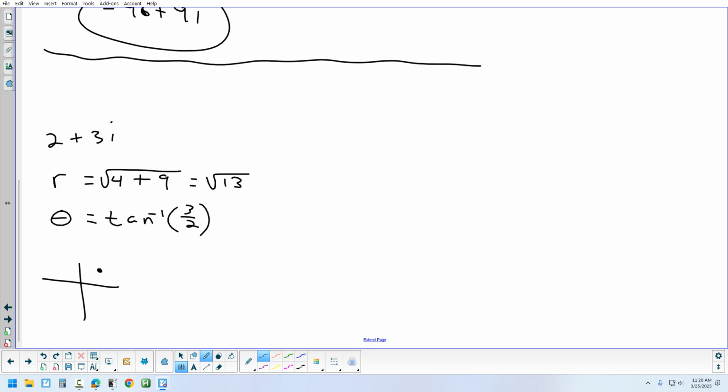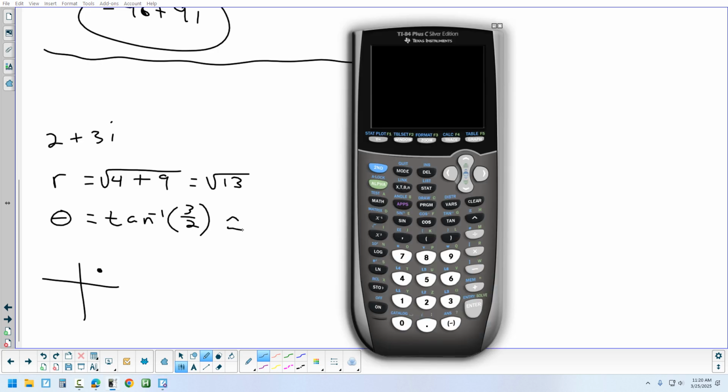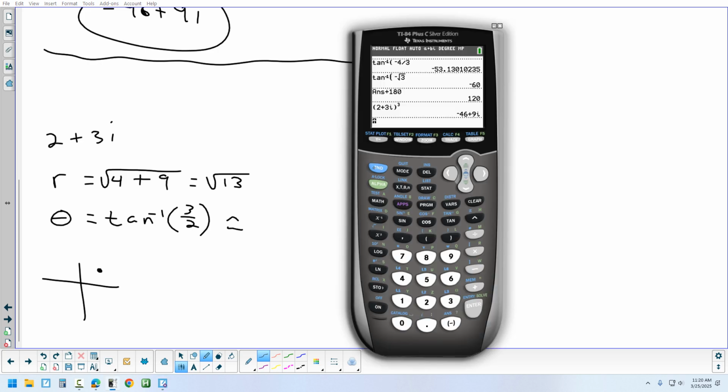Instead of negative 46, it might be like negative 46.0001. But if it comes out that close, then we know the method I'm showing you now works. Okay. So inverse tangent of 3 over 2. So that's an angle of 56, well, I guess we'll go to 2 decimal places because to the 3rd place it would round to 0. So 56.31.